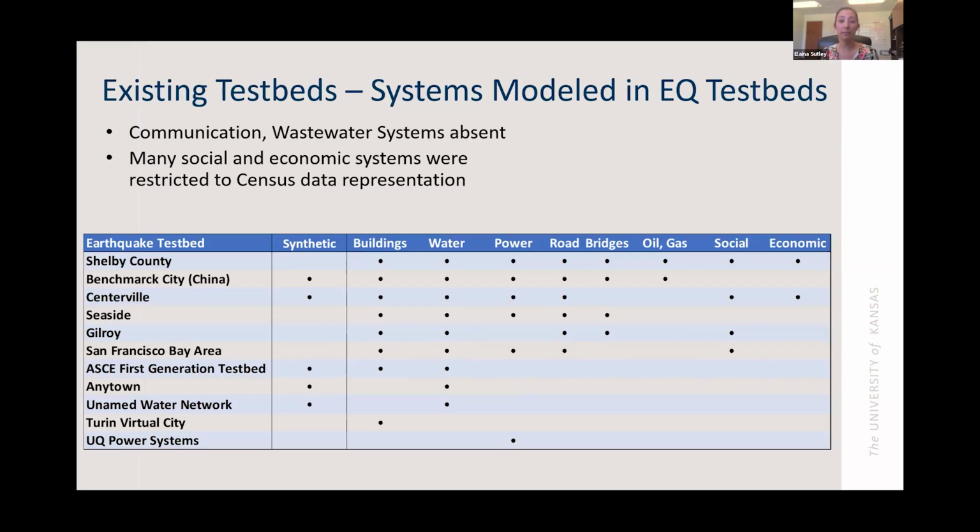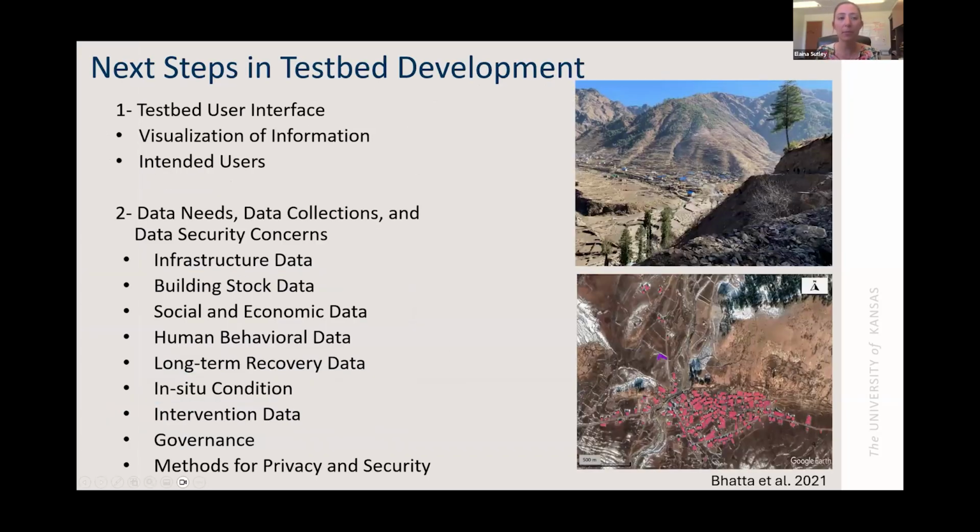That has changed a fair amount in the past 2 years, and it's not a criticism, but it gives us this really nice opportunity and direction on what we need to do next. So you can see what's covered: a mixture of synthetic and real communities. Most had buildings and water, and then it gets lighter as we move right across the screen.